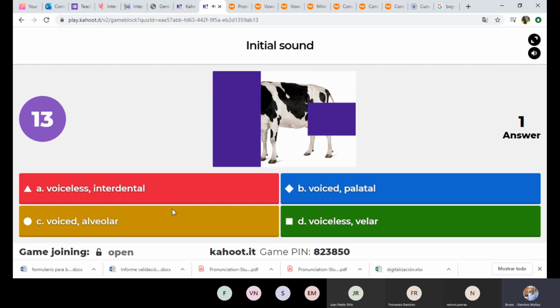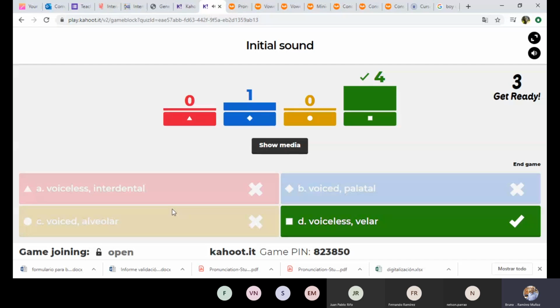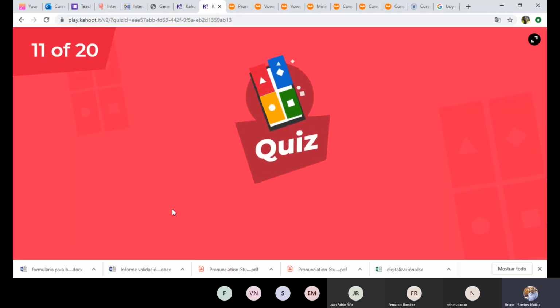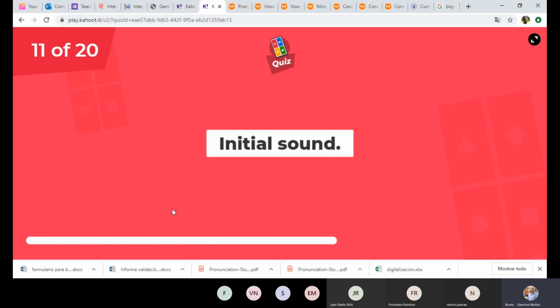Give me the color. Green. Okay, I'm not really sure. Exactly. K. Voiceless velar sound, K, as in cow. Again, initial sound.